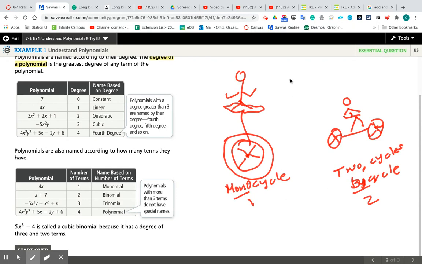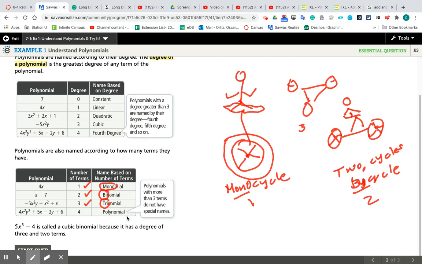And then of course, if it has three, you call that a tricycle, which means 3 cycles. So I want you guys to use those to remember these prefixes here. Mono is only one term, bi means 2, and tri means 3. If it is 4, then it is not going to receive a special name.